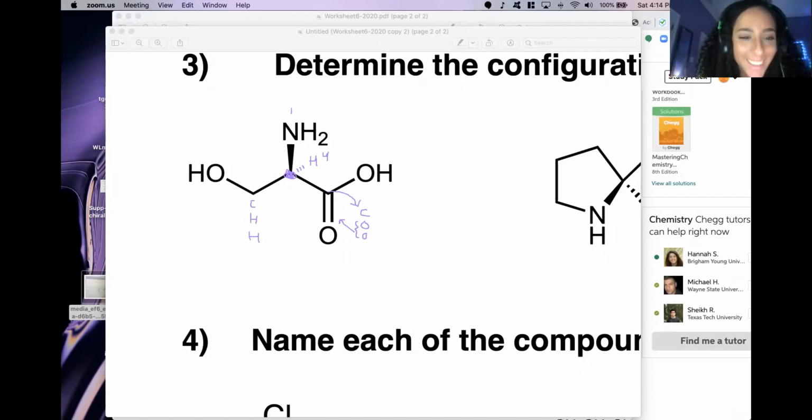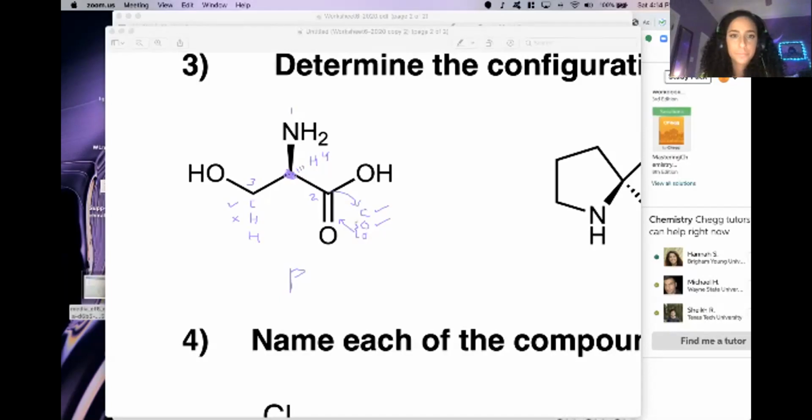Disregard what I'm saying. So carbon, carbon, oxygen, hydrogen. So this is our 2, and that is our 3. And hydrogen is on the dash. We're going clockwise. R.